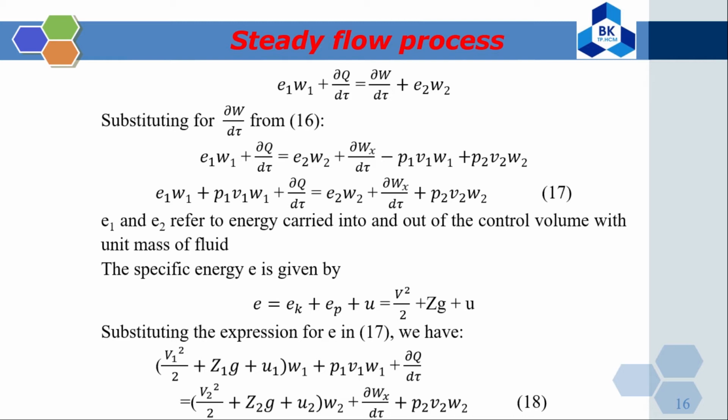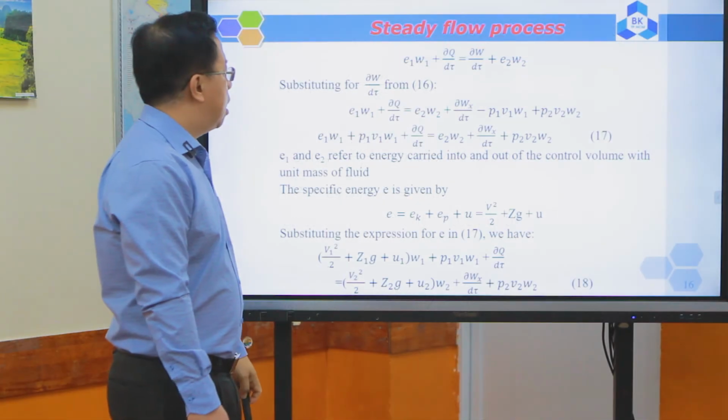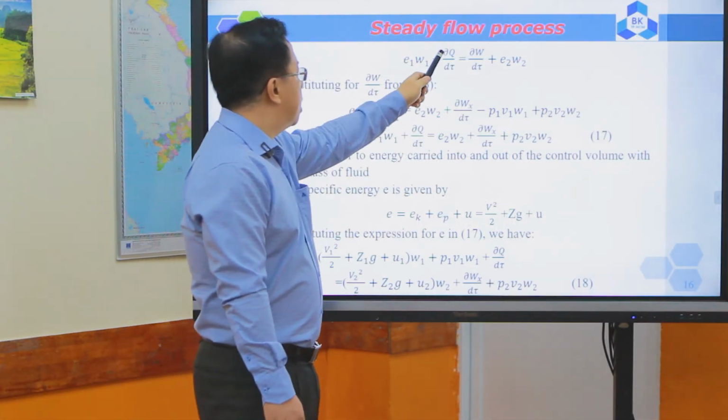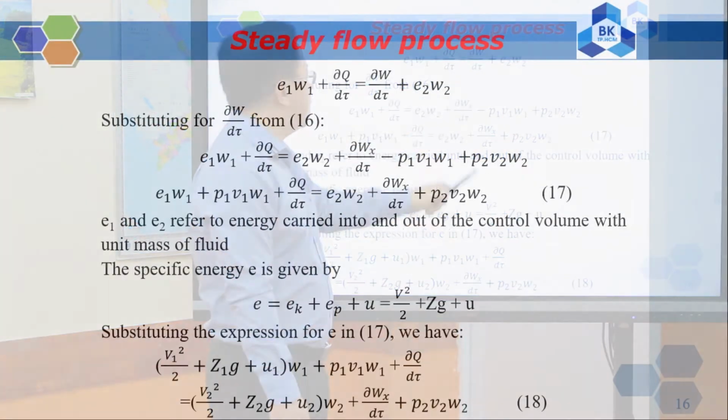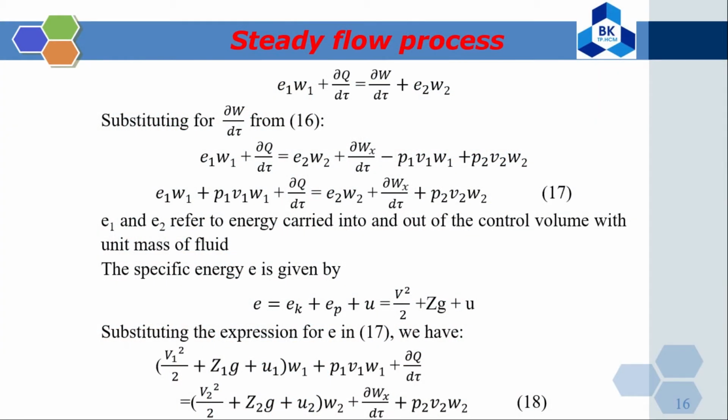In this formula, E1 is specific energy, W1 is the mass flow in, and delta Q divided by d tau is the energy entering in terms of heat Q, and the energy out is in terms of the work W. E1 and E2 is the energy stored in the system, as you know from when we talked about energy in the closed system.